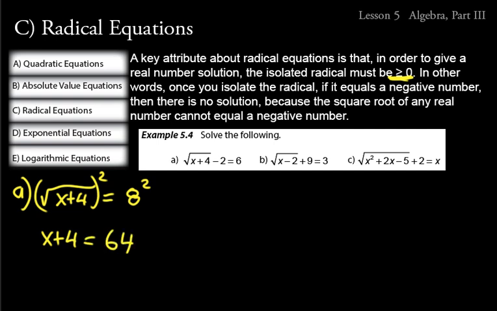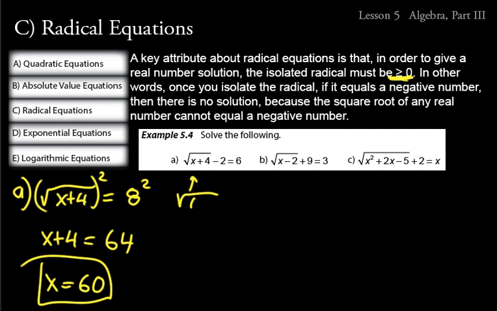Subtract 4 from both sides, x equals 60. That's our solution. Does that work back in the original equation? If I substitute it in there, square root of 60 plus 4, that'd be a square root of 64 minus 2. That equals 8 minus 2 is 6. Yes, that does work. So we did that correctly.